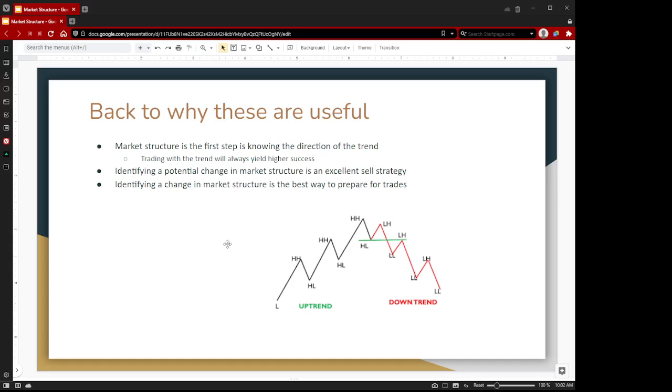On the other end, identifying a change in market structure is also the best way to prepare for trades. And so even if you are not trading this uptrend and you're watching it, you're saying higher highs, higher lows, higher highs, higher lows, higher highs, higher lows, lower high. The second this prints, even if this breaks through, what you're basically watching for is the next lower low and lower high, because you know that lower high is going to be a good opportunity to trade the downtrend.